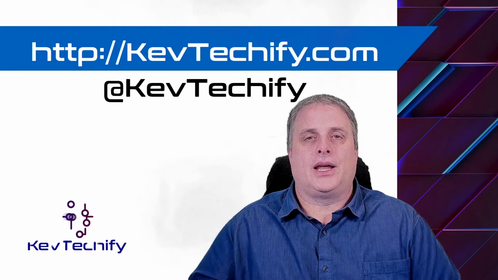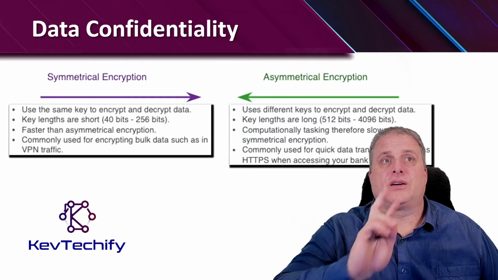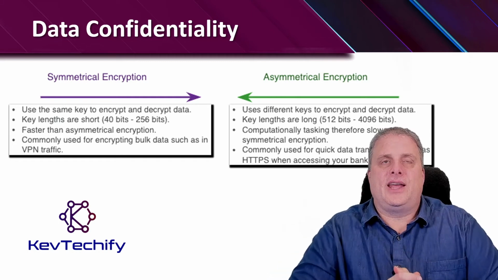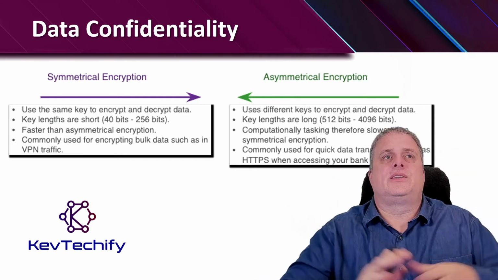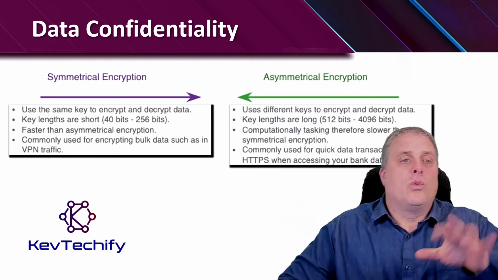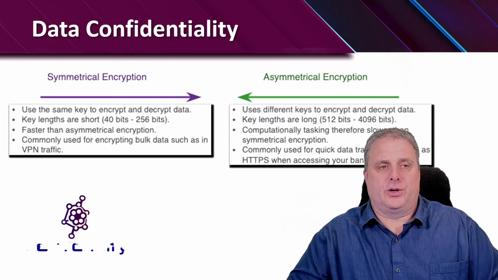There are two classes of encryption that are used to provide data confidentiality. These two classes differ on how they use the keys. One is symmetrical encryption, one is asymmetrical encryption.